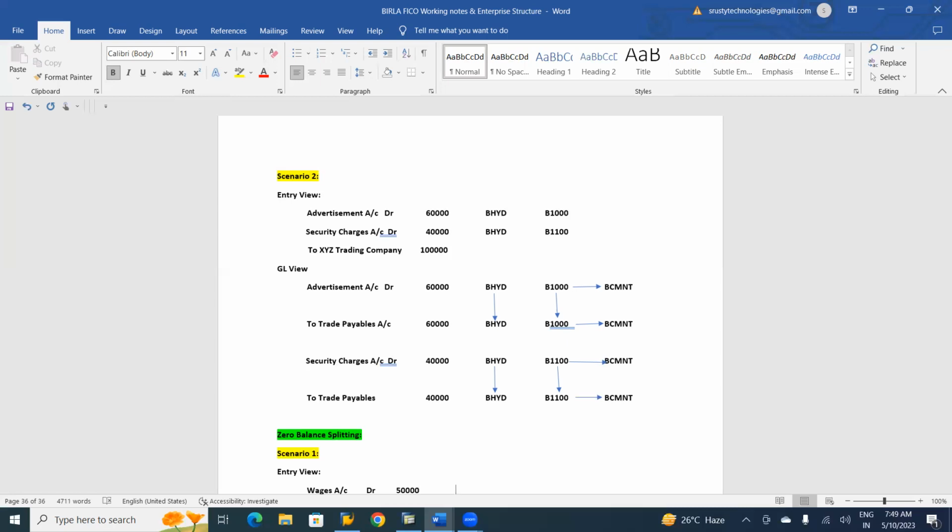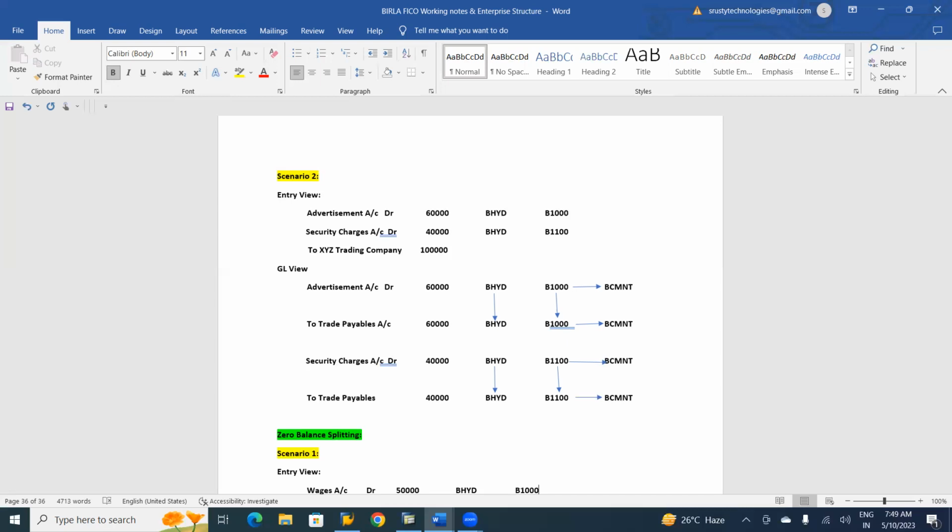Okay. So here business area BHYD and profit center B1000.